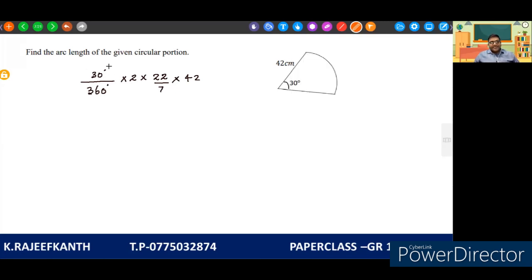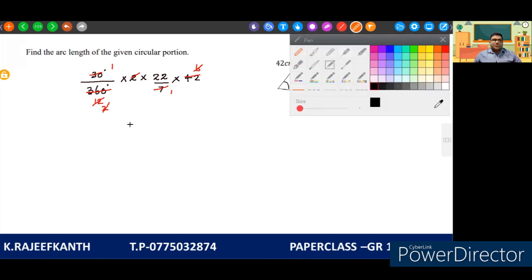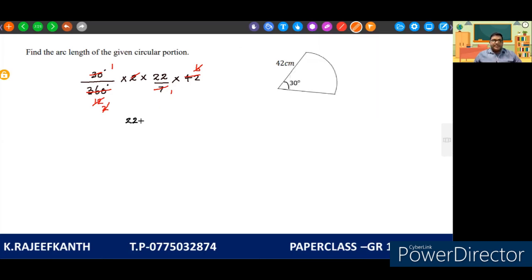Here theta, the center angle, is equal to 30, then 30 over 360 times 2 times 22 by 7 times 42. Here we can divide by 30, then 12. Here we can divide 42 by 7, then 6. Now we can divide by 6, then 2. Here we can divide these 2. Then the answer is 22 centimeters.